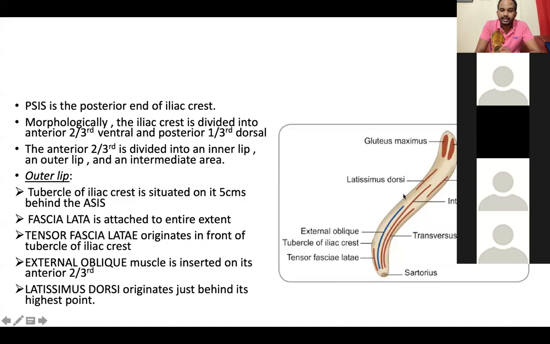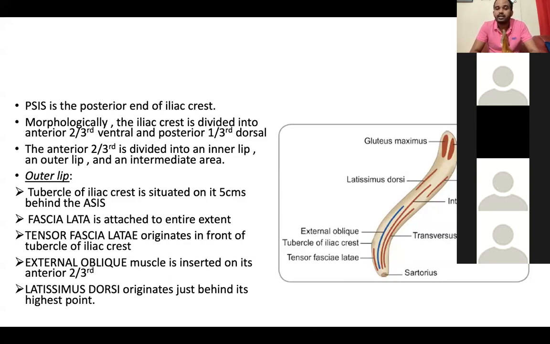So the entire outer lip gives attachment to the fascia lata. In front of the tubercle of iliac crest, it gives origin to the tensor fascia latae muscle. Not only that, this outer lip also gives insertion to the external oblique muscle.